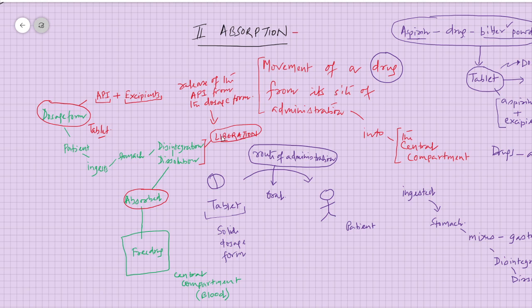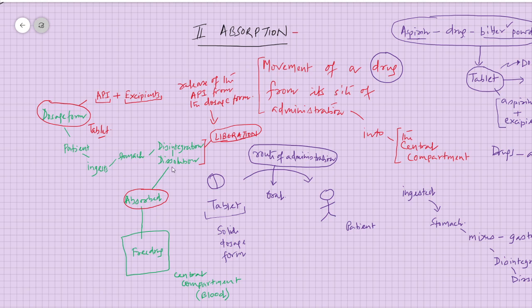Okay, so after liberation, what happens? It gets absorbed. Any drug, if it is in the form of a tablet, has to first undergo disintegration, and then it has to dissolve in the fluid, which is dissolution. Only after dissolution does it get absorbed. What is absorption? It is the movement of the drug from the site of administration, the oral route, into the central compartment.